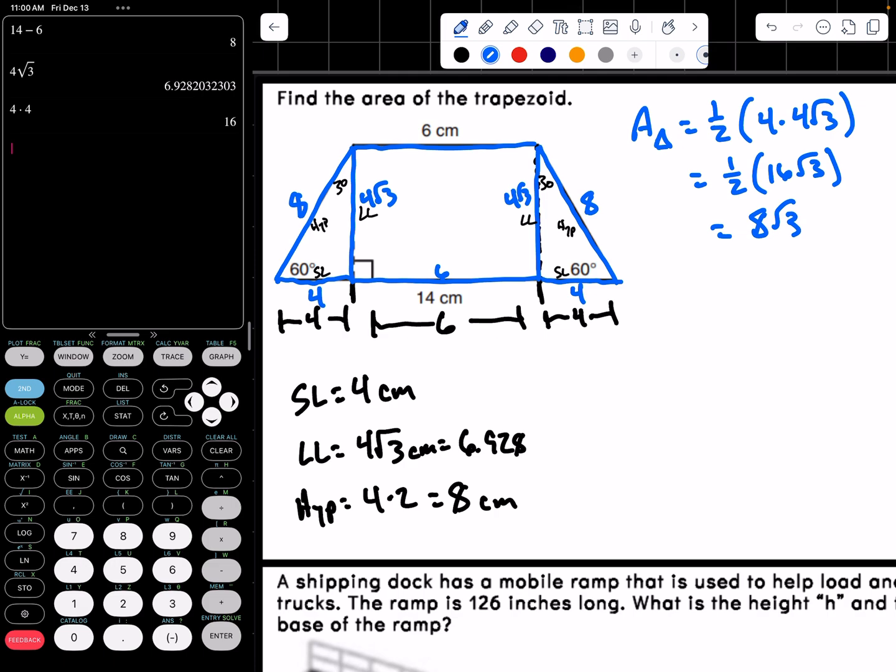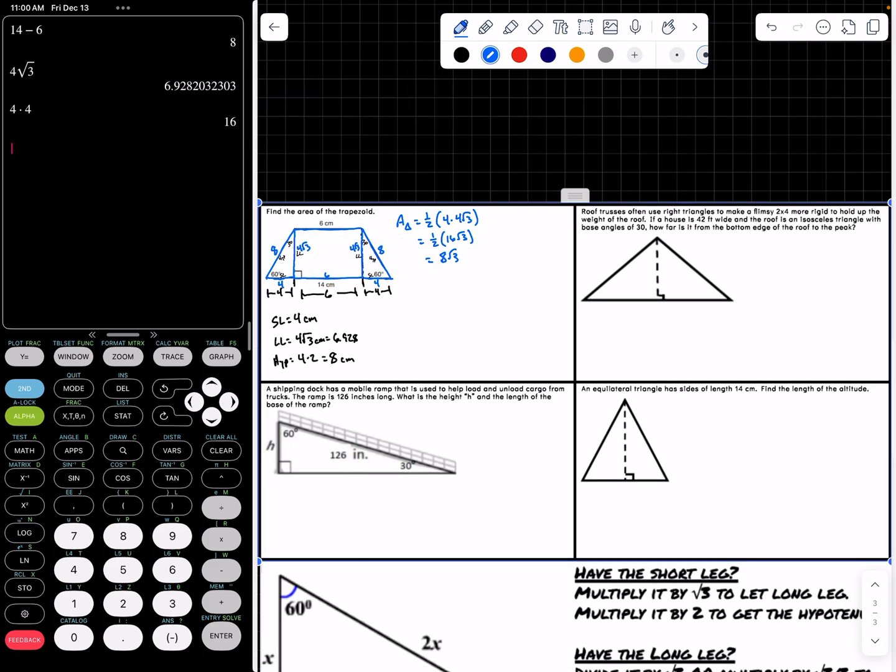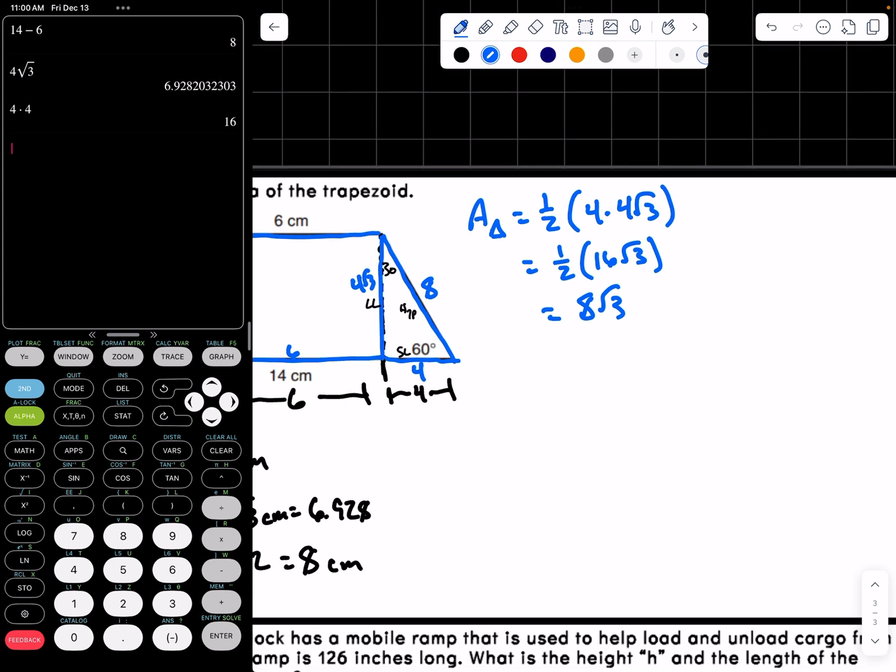But I do have two of them, so I would end up multiplying to get 16 root 3, and that covers both of my triangle pieces.